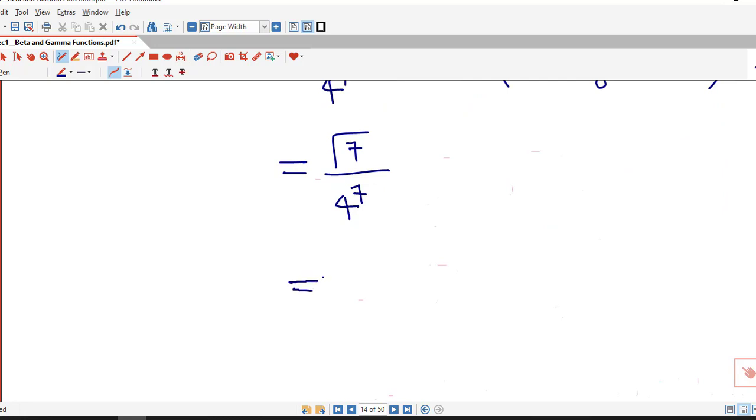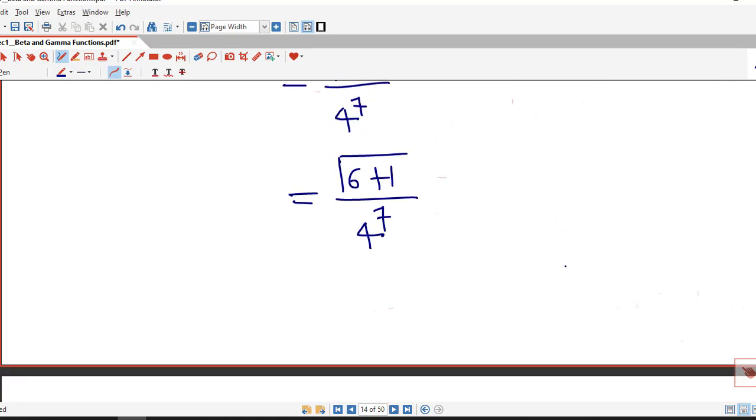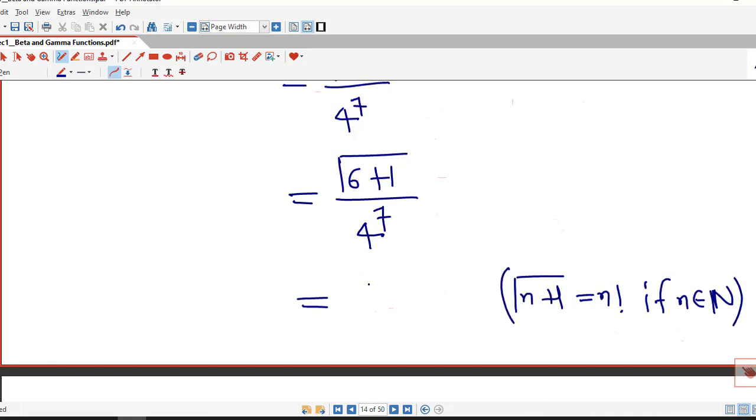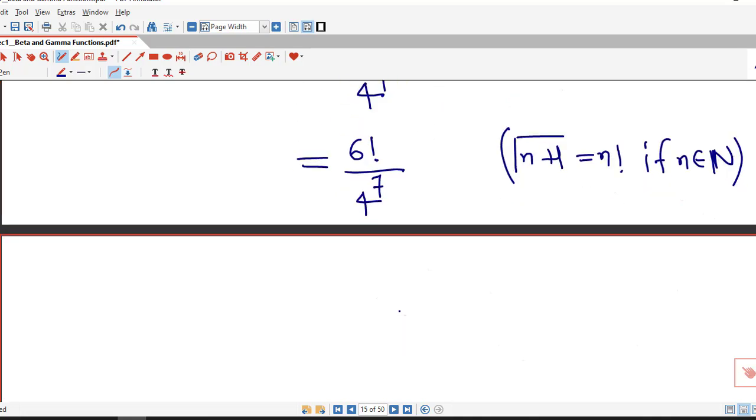Now gamma 7 can be written as gamma 6 plus 1, because we want to use the property that gamma n plus 1 is n factorial if n is a natural number. So gamma 6 plus 1 is equal to 6 factorial over 4 raised to 7.